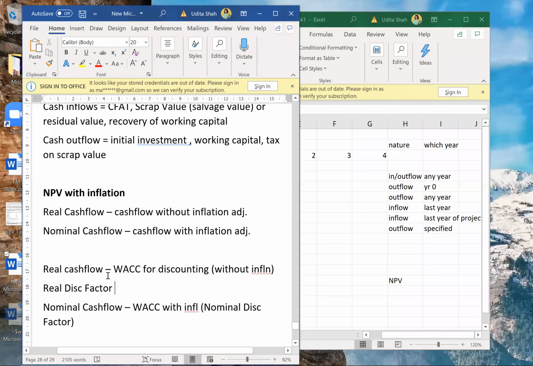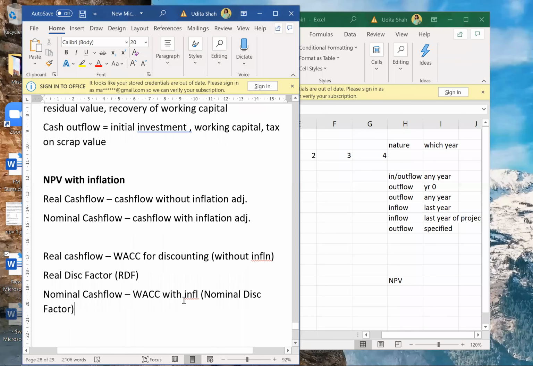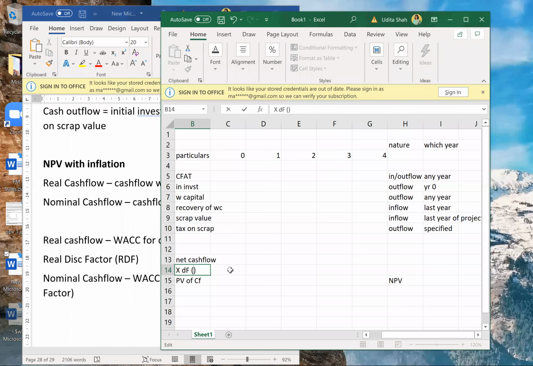So real cash flow is discounted with normal WACC without inflation, which is called the real discounting factor, or RDF. But nominal cash flow cannot be discounted with WACC. Like here, after net cash flow, we apply a discounting factor, right? This discounting factor is nothing but your WACC, correct?